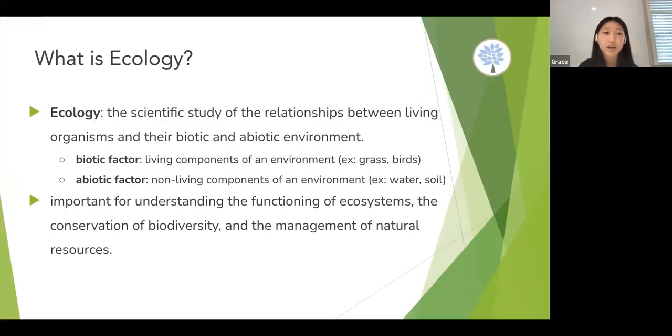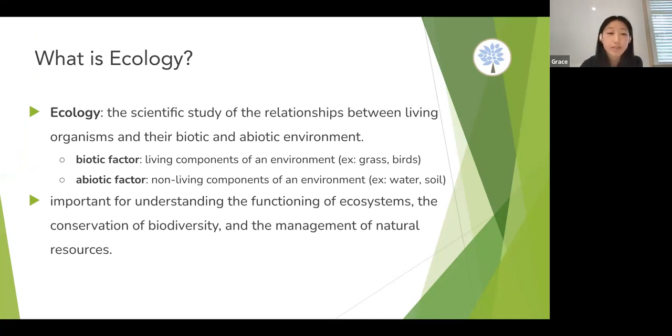Let's start by defining ecology. Ecology is the study of relationships between living organisms and their biotic and abiotic environment. A biotic factor is a living component of an environment, for example grass, which is a plant, or birds, which are animals.